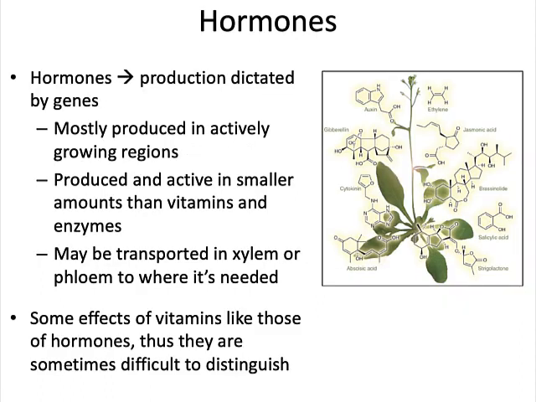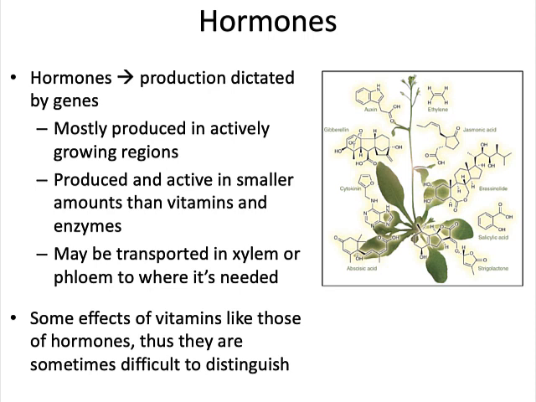Hormones, on the other hand, are produced in plants, and this production is dictated by the genes. Mostly hormones are produced in the actively growing regions, which is typically going to be in those meristems. They are produced in and active in smaller amounts than both vitamins and enzymes.